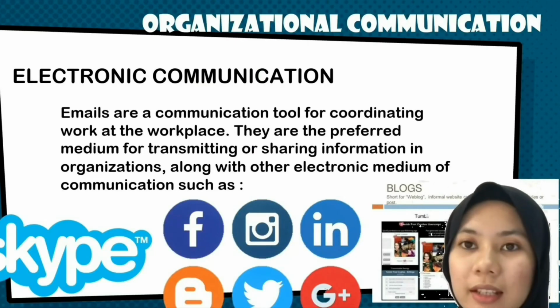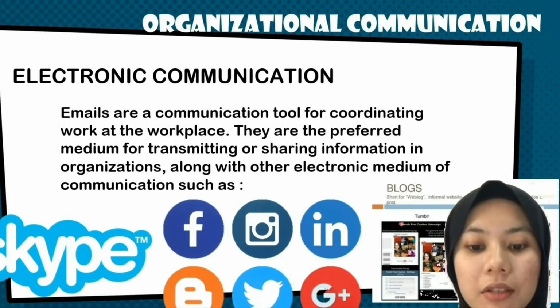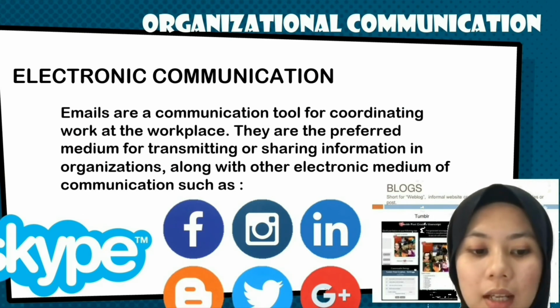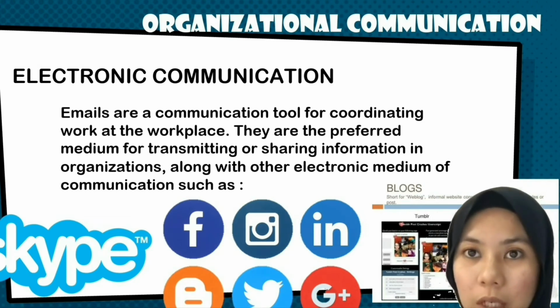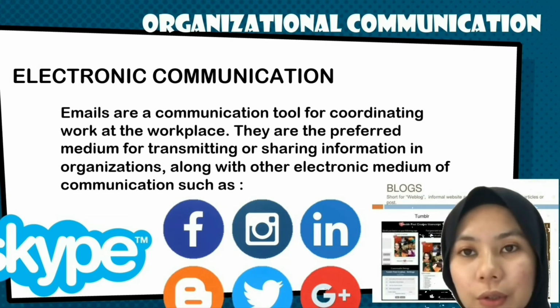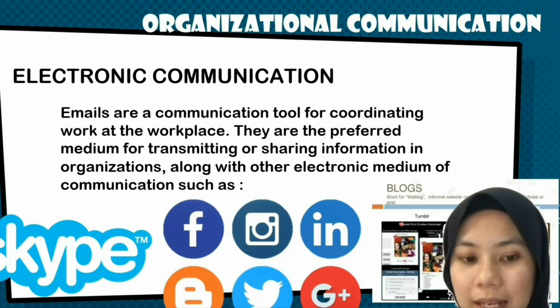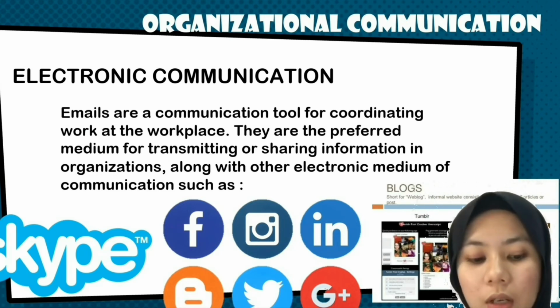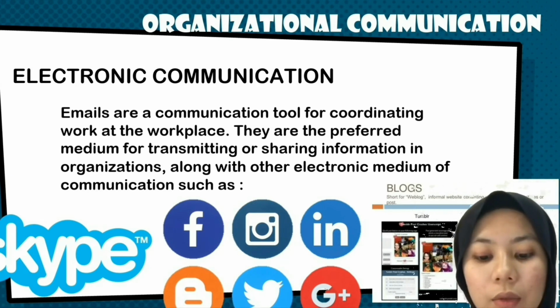Electronic communication means any transfer of sign, signal, writing, image, sound, or any other nature transmitted in whole or in part by a wire, radio, electromagnetic, photoelectronic, or something else. And also, email is a communication tool for recording work at the workplace.